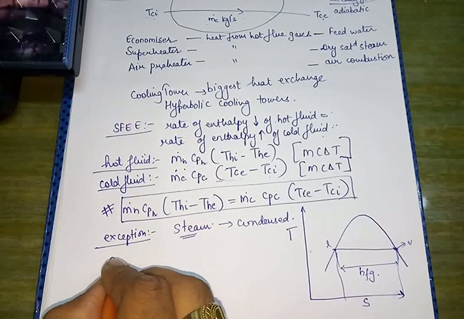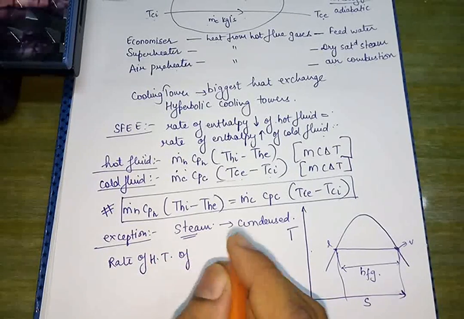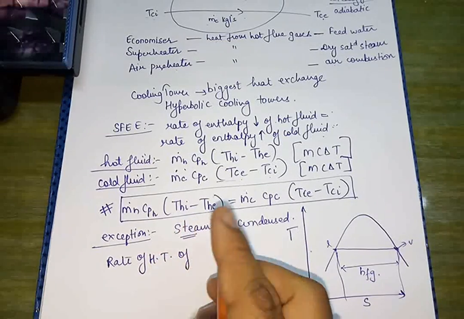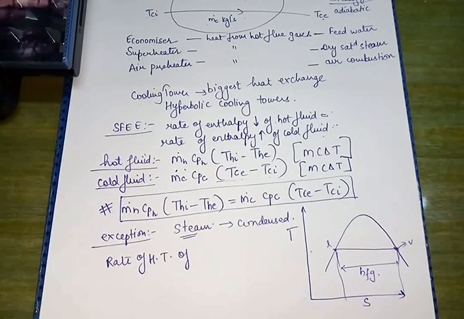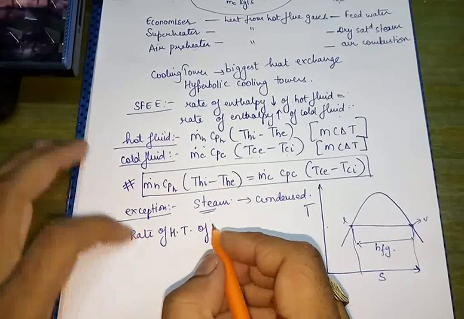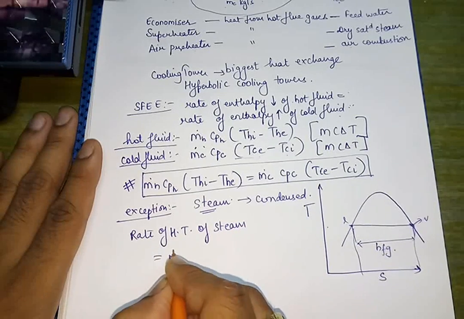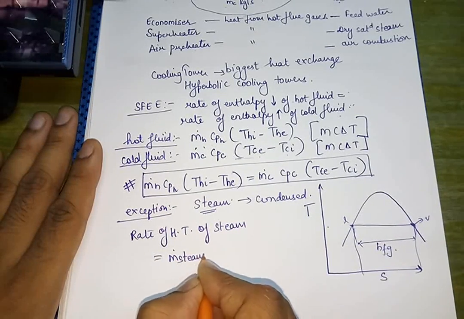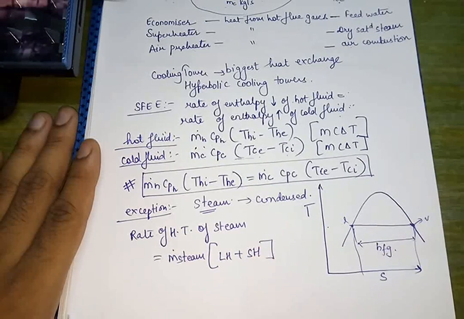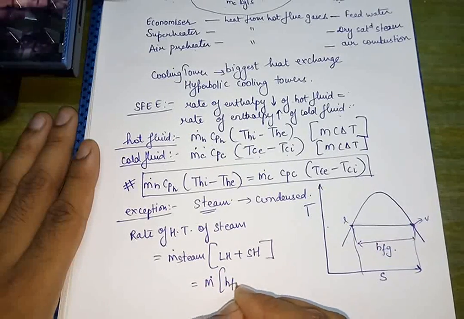So if I write down the rate of heat transfer in case of steam, that would be the mass flow rate of the steam times latent heat plus sensible heat. Latent heat would be h_fg.